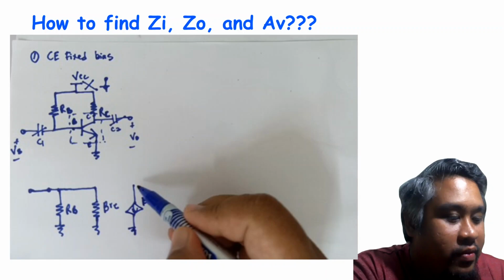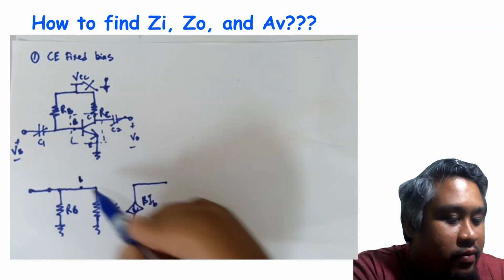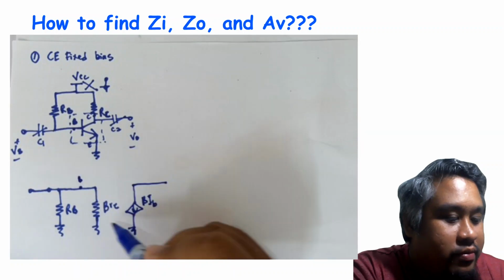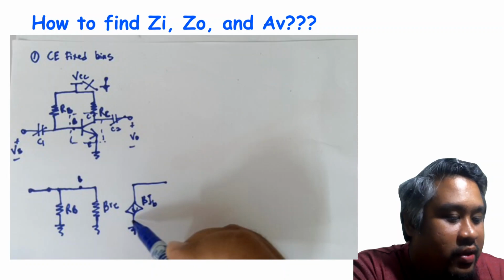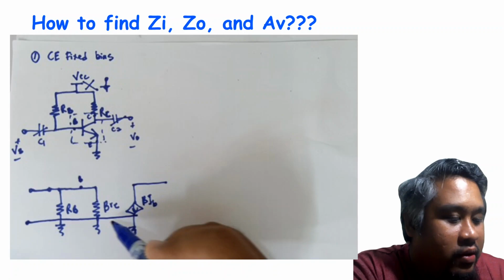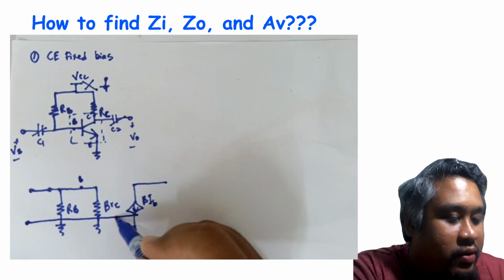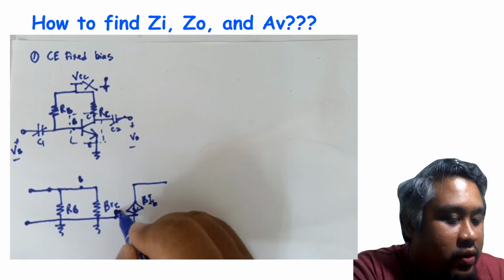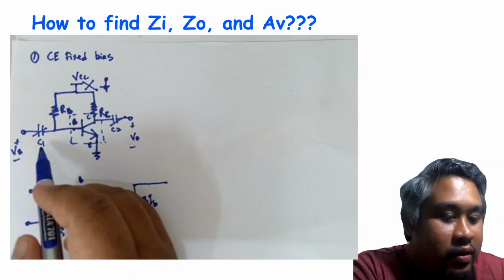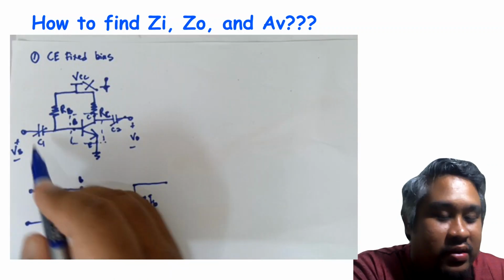So this is our base, and this is our emitter. Because we don't have an RS, we don't need to include RS.